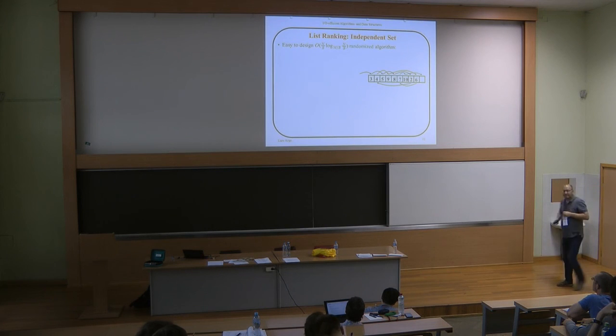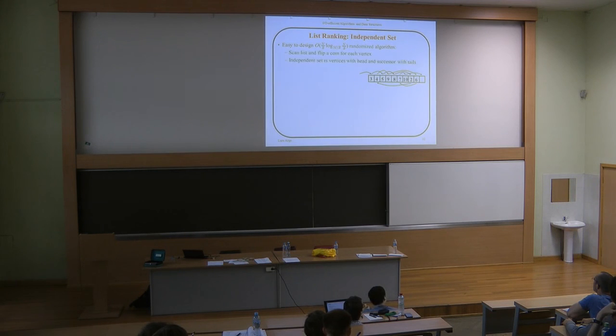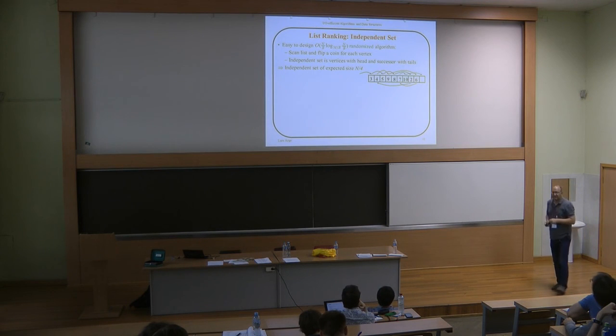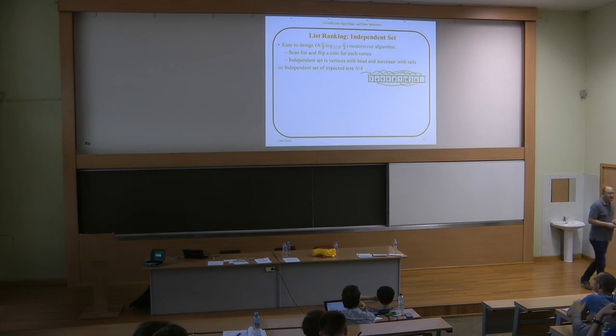Independent set. It's easy to do randomized. If I flip a coin for each element in the list, and then I choose the independent set to be all the elements where I got a head and my successor got a tail, then I get an independent set. You can only be in the independent set if you're head, and if your successor is tail, then he can't be in the independent set.